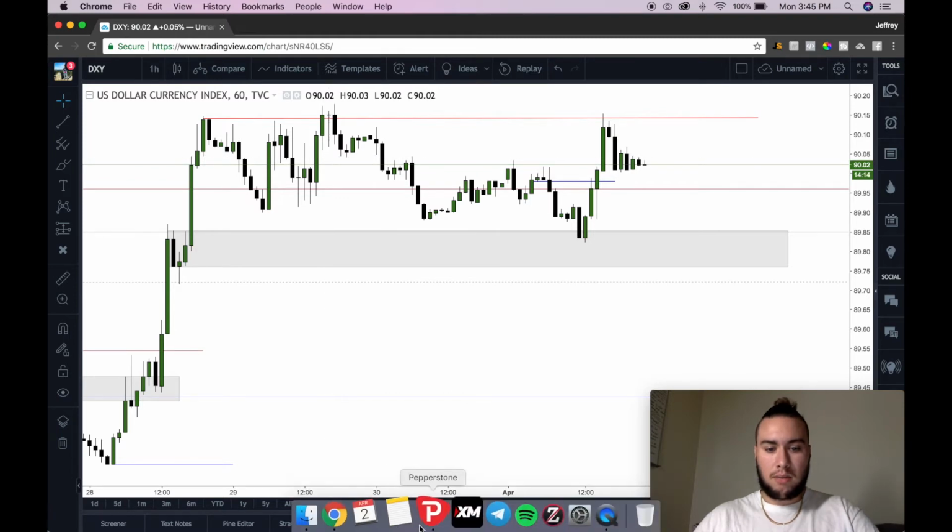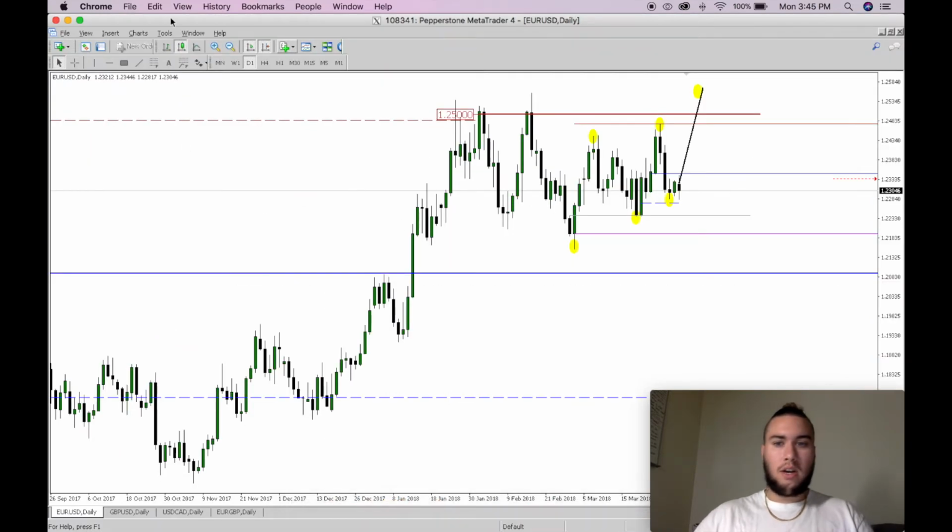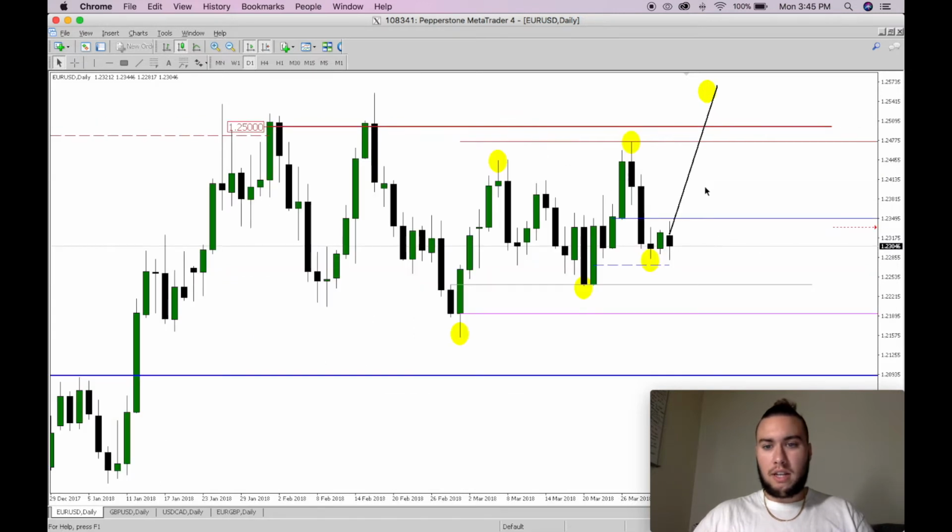So let me pull up the euro. Okay, so looking at the euro on the daily, we're still expecting the push up. Again, we did have a little bit of a rally on dollar yesterday, so we did get some retracement on euro dollar. Took out these buy stops, these sell stops here, and we should start to trade higher now. We just have to see what we get.